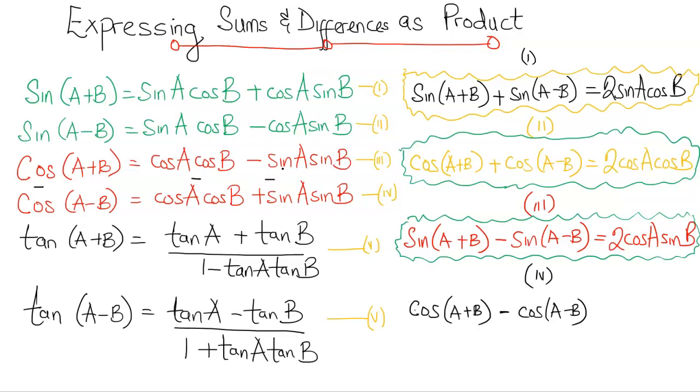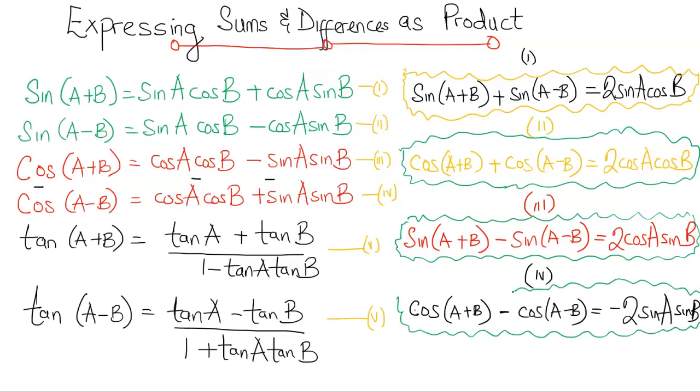Then minus sine A sine B, minus plus is minus. So this is just minus sine A sine B, minus sine A sine B, and that's going to be minus 2 sine A sine B. This is the fourth product. Negative 2 sine A sine B is equal to cos (A plus B) minus cos (A minus B). These are the 4 products we're going to be focusing on.